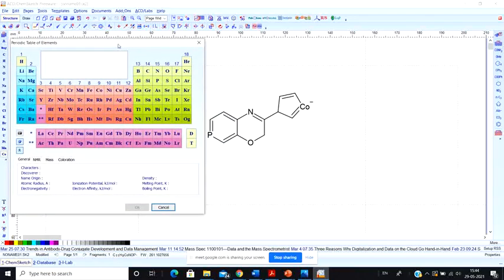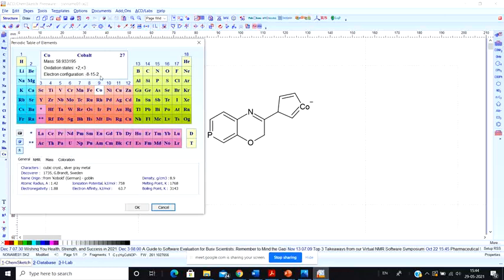But is this the only role of the periodic table of elements? No, this particular software also has some other major functions. And what are the functions? See, when I click on this cobalt, it gives the information about the mass. It tells you the oxidation state of the cobalt, +2, +3. Not only that, you also get to see the electronic configuration.